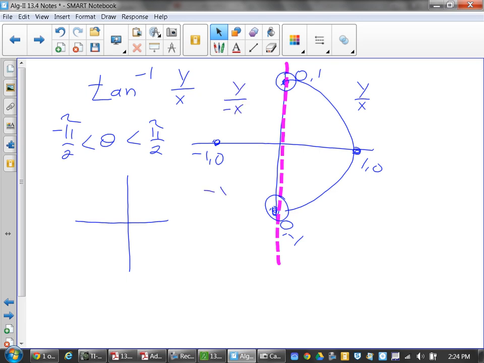Here you're negative y over negative x. Aren't y over negative x the same thing as negative y over x? Those are the same. Same thing with negative y over negative x. The sign values stay the same.